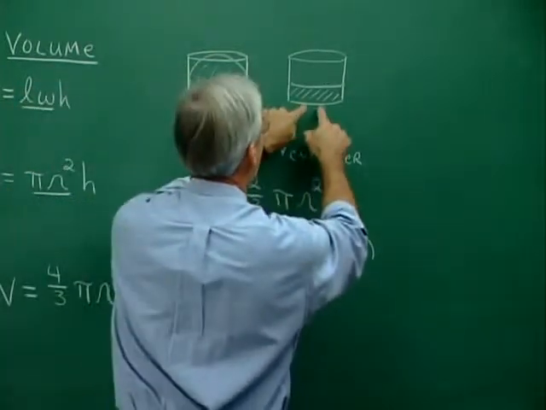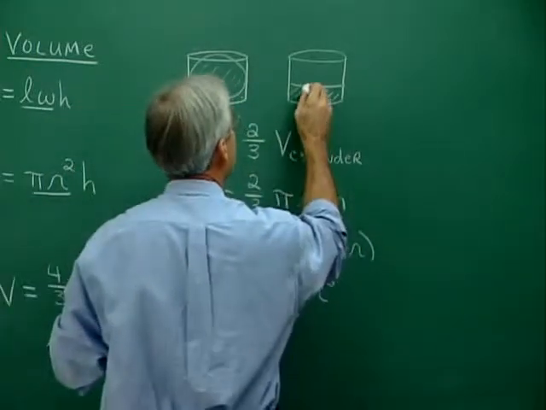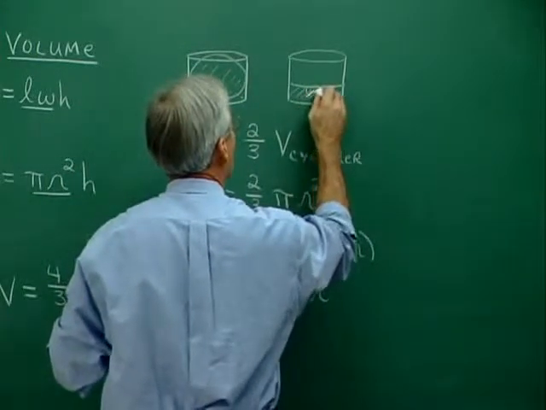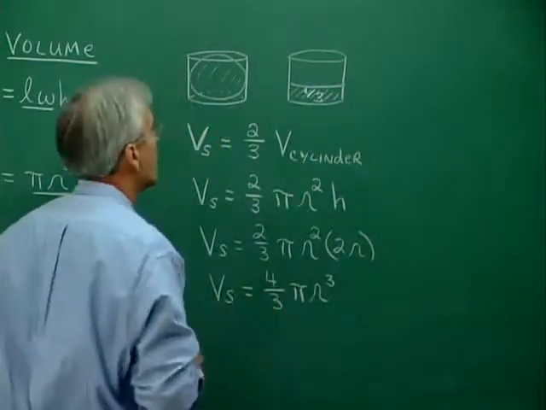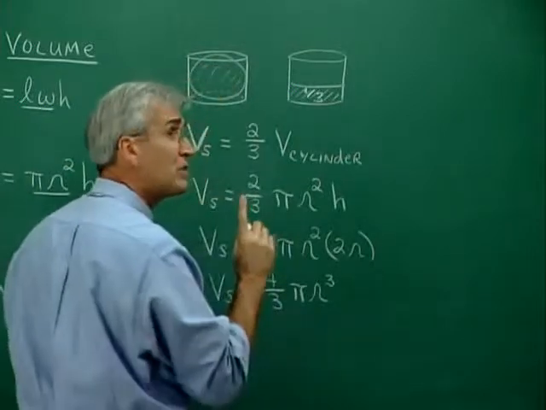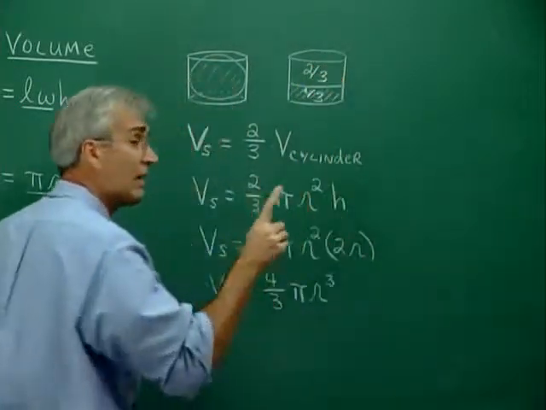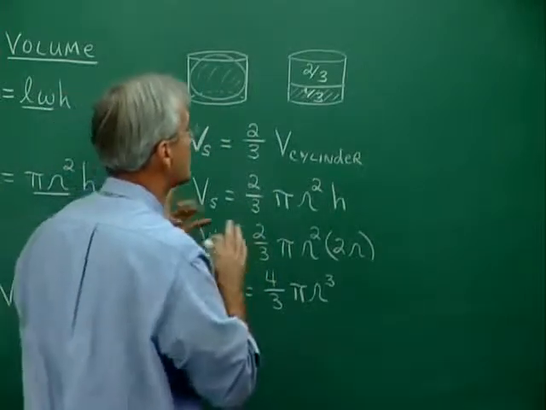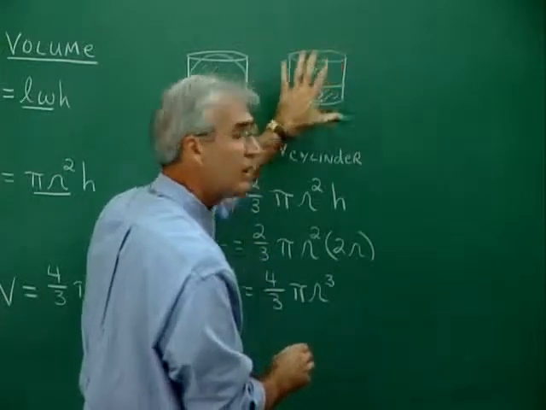And he measured how much water was in there, and every time he performed the experiment, he found that 1/3 of the water remained in the cylinder. So he reasoned that the sphere had displaced 2/3 of the water in the container, and therefore the volume of the sphere must be 2/3 the volume of the cylinder.